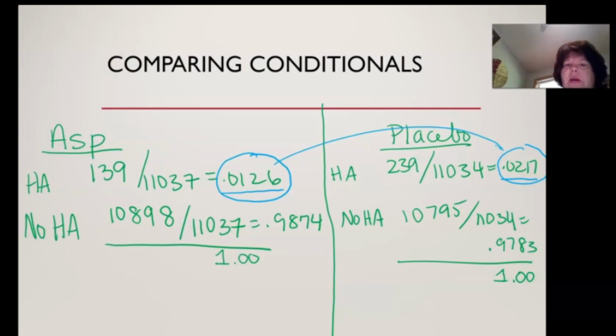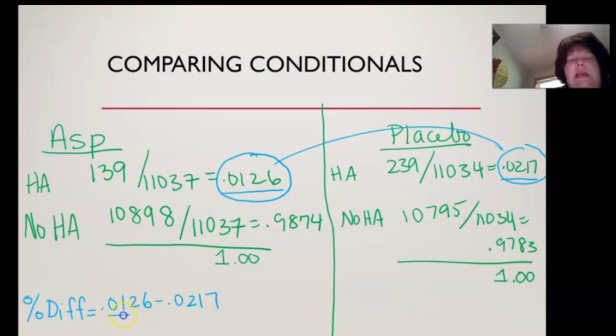So what we're going to do here is we're going to do something called the percentage difference. So we're going to take 0.0126, the first number, minus 0.0217, and we're going to see how different they really are. So we're going to compare it to the original number, 0.0126.